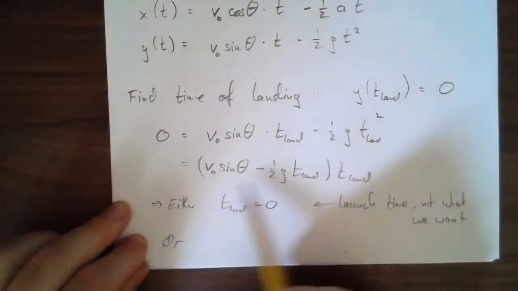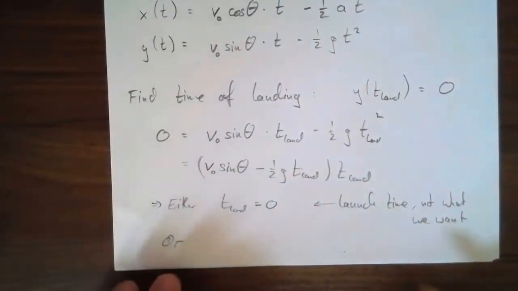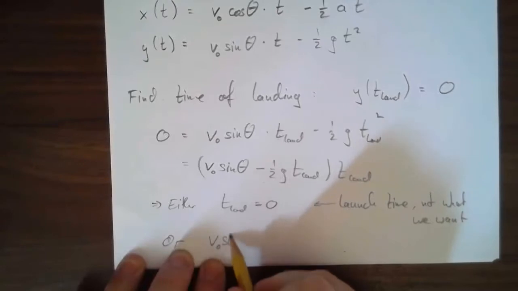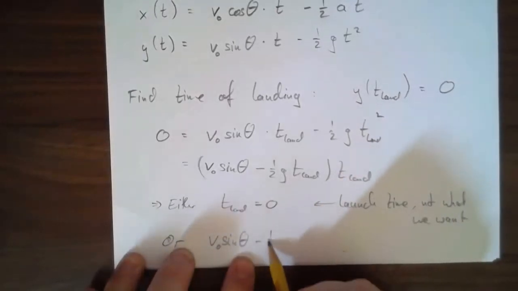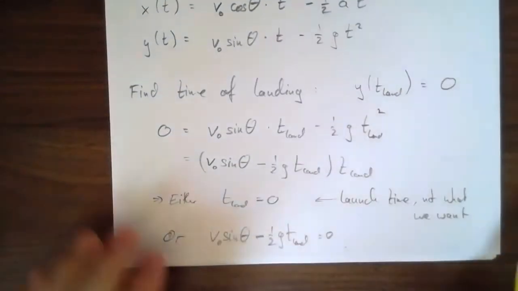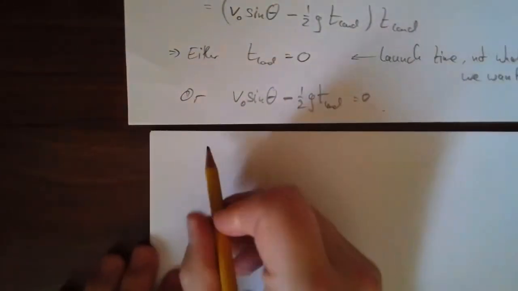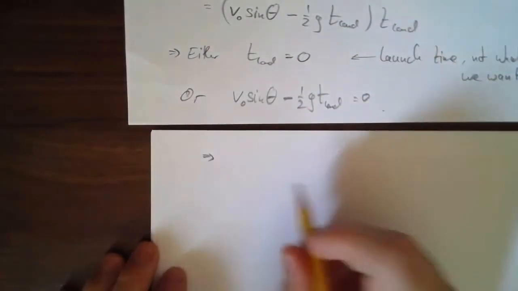The other option is, of course, that this whole factor in the brackets is equal to 0. So v naught sine theta minus 1/2 g t, the landing time, is equal to 0. And so that means we can write down an expression for the landing time.